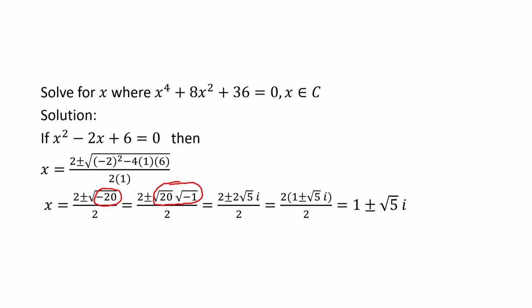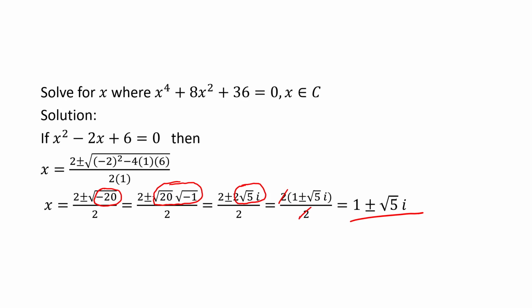Root 20 is the same as 2 root 5, and the square root of -1 is the same as i. So then from here, we can factor 2 out of the numerator, cross that out with the 2 in the denominator, and we get two different solutions for x, 1 plus or minus root 5i.